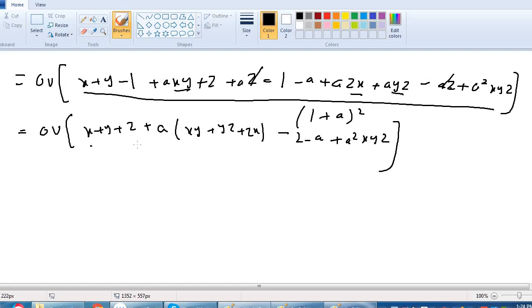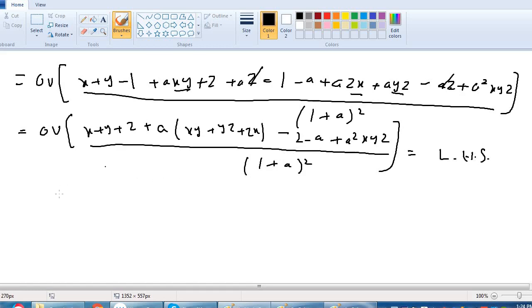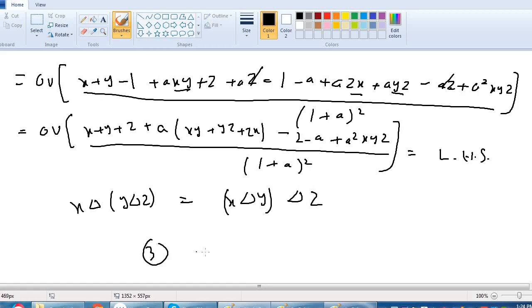This is whole divided by 1 plus a whole square, and we see that this is equal to left hand side. So our third condition is also satisfied, that x delta y delta z is equal to x delta y into delta z. So condition 3 is satisfied.